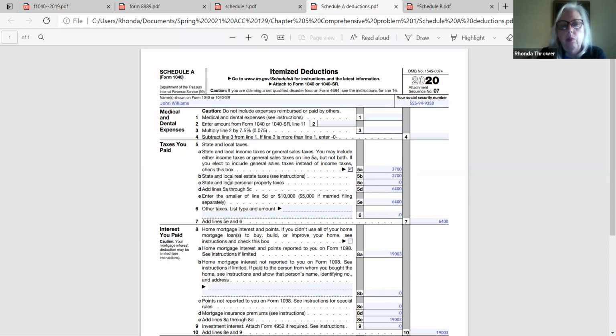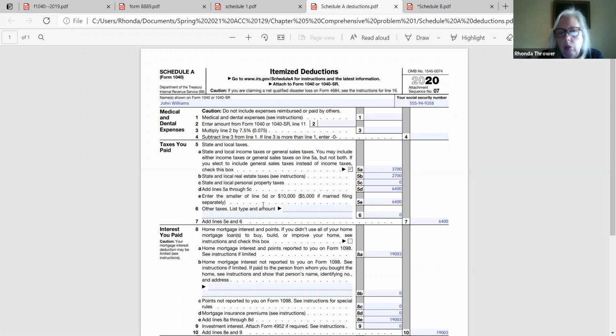He also paid some state and local real estate taxes. Most likely it was on his home. So look through the list to see where that is. The property taxes on his personal residence was $2,700. So we're getting $2,700 from the instructions. That was a given amount. We didn't have any state and local personal property taxes, but we did need to add lines 5A through 5C, which will amount to $6,400.